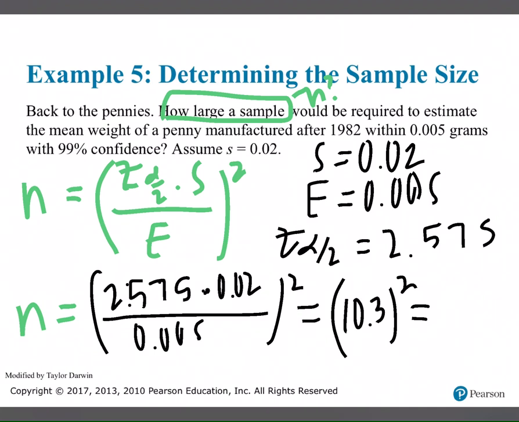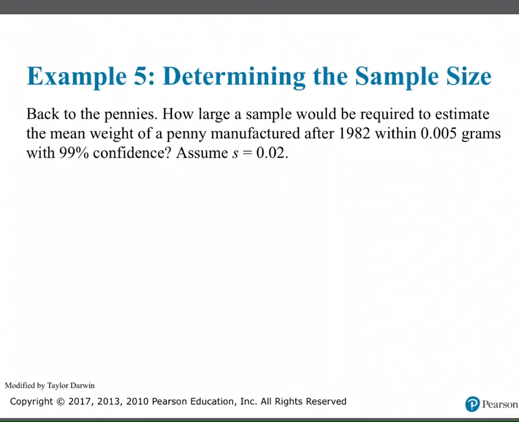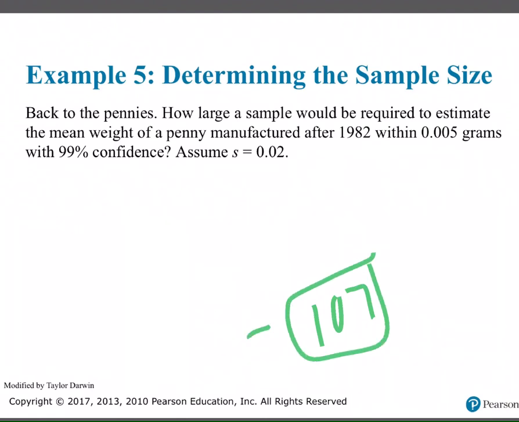I get 106.09. I know you're tempted to round down, but you always round up. So it's 107. Whoops. Sorry. I do not know why I did that. You might want to go back on that, but anyways, we get 107 for our sample size.